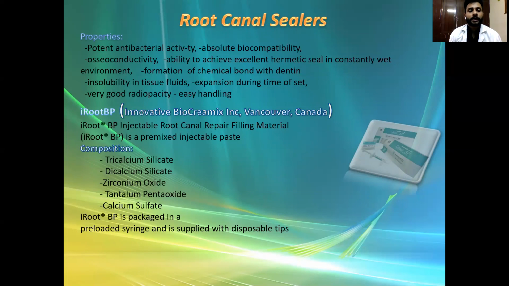It has a very good antimicrobial activity, osteoconductivity, and offers excellent hermetic seal in constantly wet environment. Formation of chemical bond within dentin, insolubility in tissue fluids, expansion during time of set, and has very good radiopacity. So it's composed of tricalcium silicate, dicalcium silicate, zirconium oxide, tantalum pentoxide, calcium sulfate.